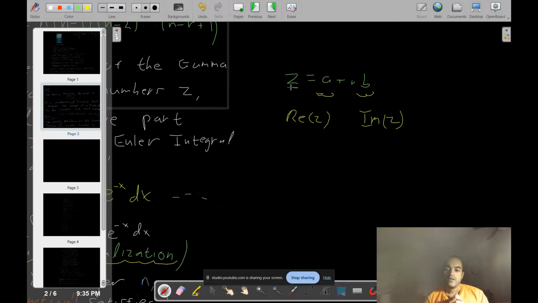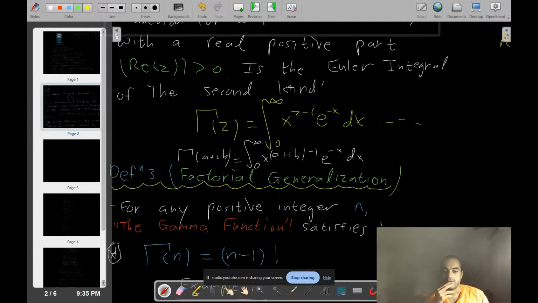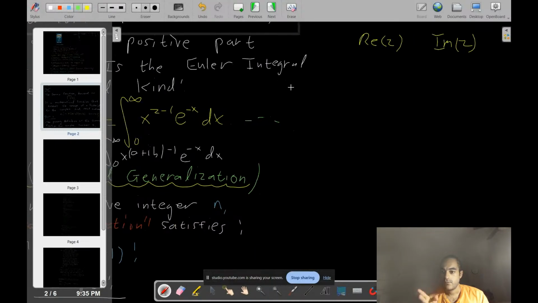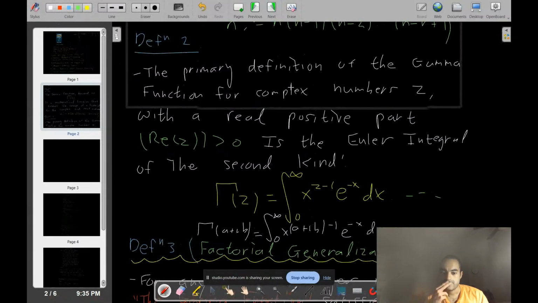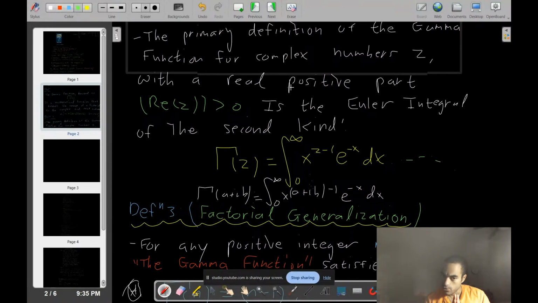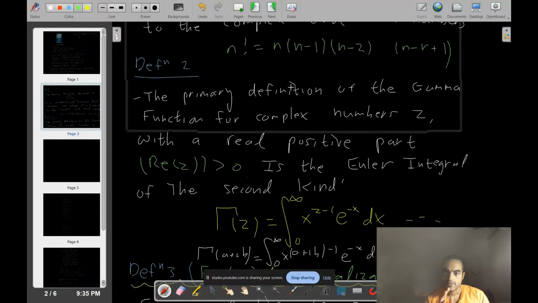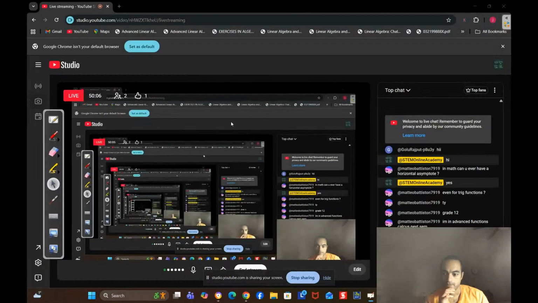All of you understand what real numbers are. b is in the imaginary numbers, so i, 2i, 3i, and so forth. So a complex number is a mixture of real and imaginary. The real part always has to be greater than 0 by this definition.